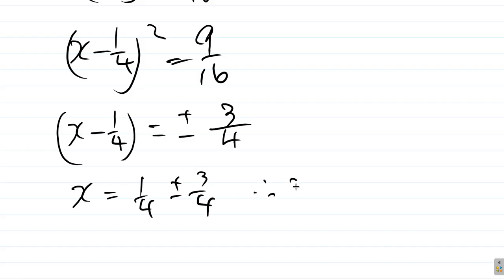So therefore, x is equal to a quarter plus 3/4 is 4/4, which is 1. And x is equal to 1/4 minus 3/4 is negative 2/4, which is negative a half. Alright. So you have your x's. What was x again?